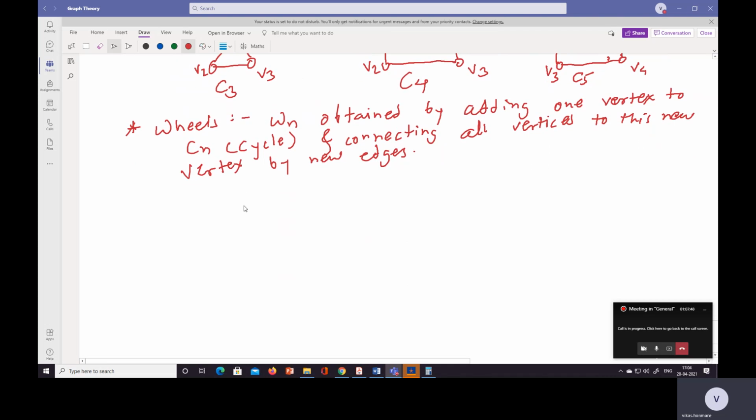Okay, so again we take the C3. So Wn is obtained by adding one vertex to the Cn and connecting all vertices to this new vertex by new edges. So suppose we add one more vertex here and we connect it to the vertices by new edges. Okay, so this is called a wheel and it is W3. Again we consider this W4.